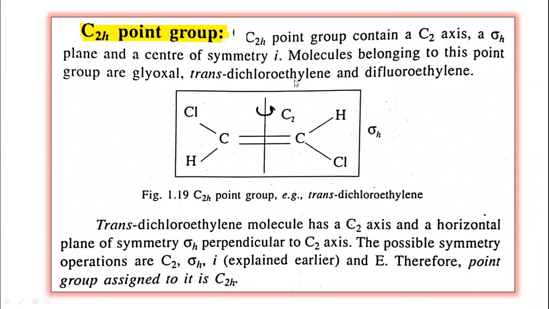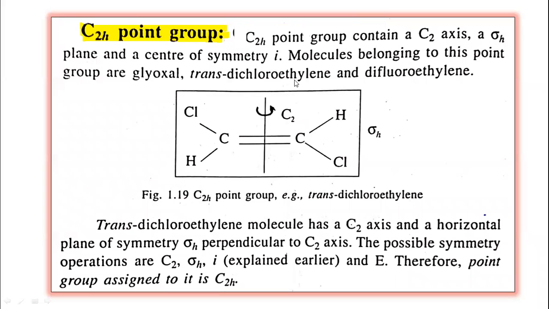In this lecture, I would like to discuss the C2h point group, that is the Cnh type of point group. When the molecule has a Cn axis of symmetry and n horizontal planes, generally that molecule shows the Cnh type of point group.